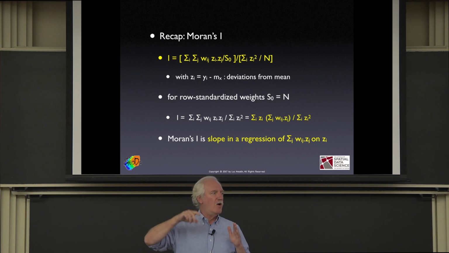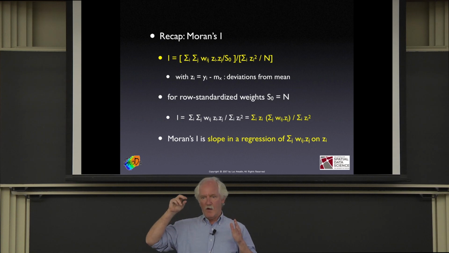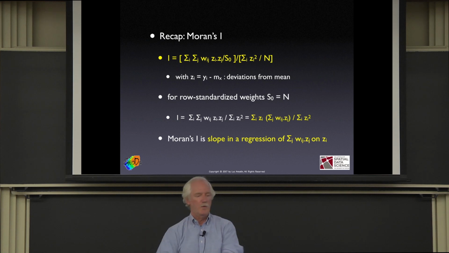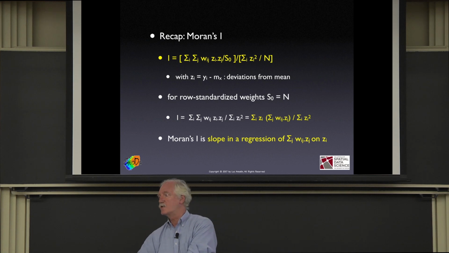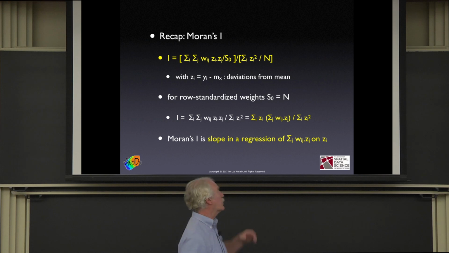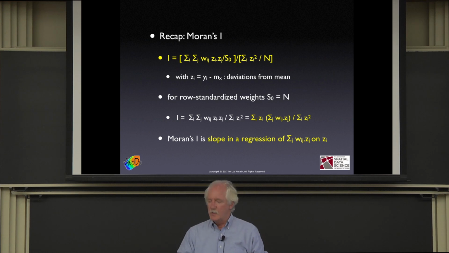So the sum of all the weights is the sum of the rows. Each row's sum is 1. We have n rows. So the sum of all the row standardized weights is the number of observations. And we see in the expression above, we have n in the denominator, then S sub 0 in the numerator. These two cancel out. So everything looks a little simpler.